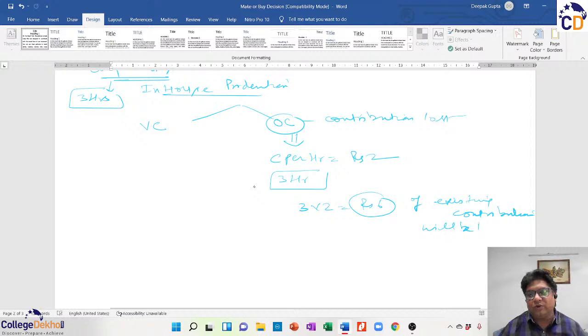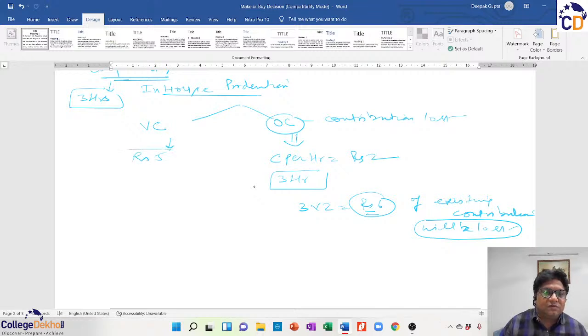So you won't be able to create this much of product X, and hence this denotes the opportunity cost of the product. And the explicit cost is ₹5.